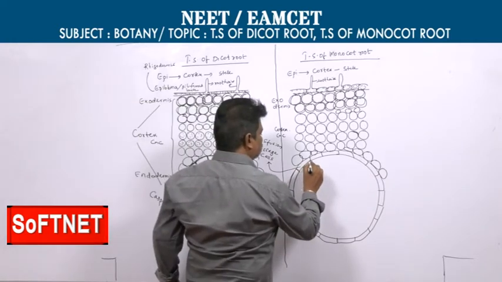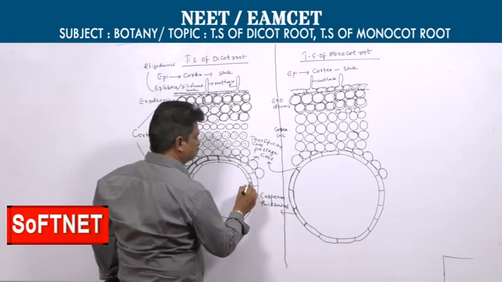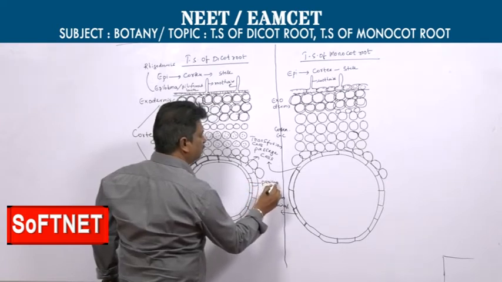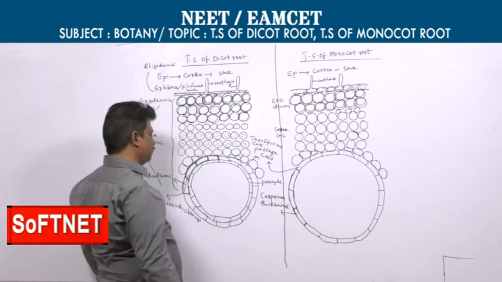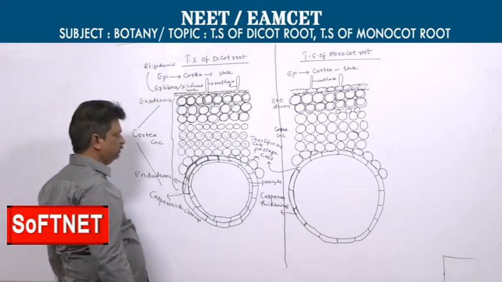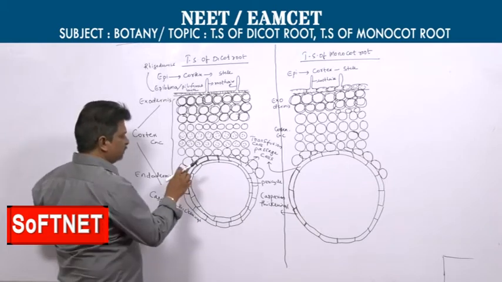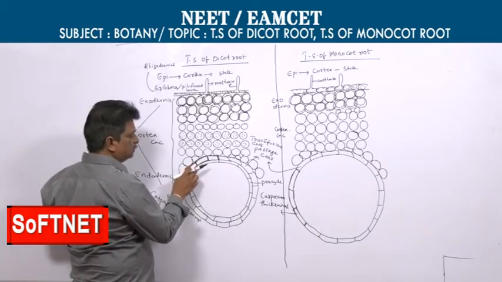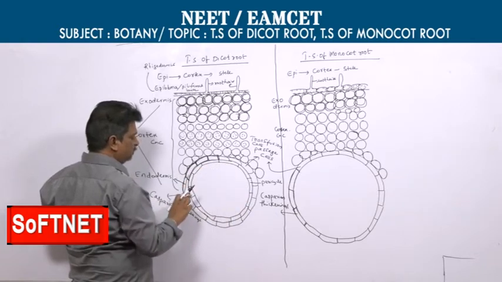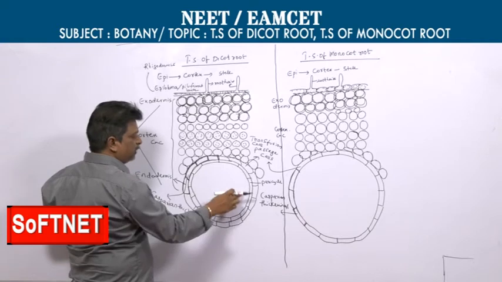Generally, pericycle is unilayered; in rare cases it is multi-layered. So, pericycle is the outermost layer of stele, uni or multi-layered, and parenchymatous.